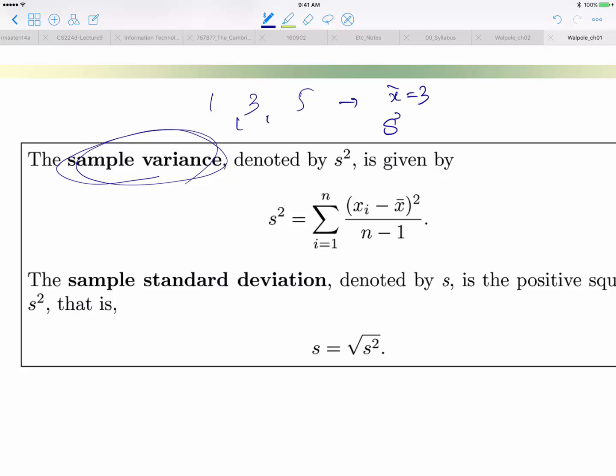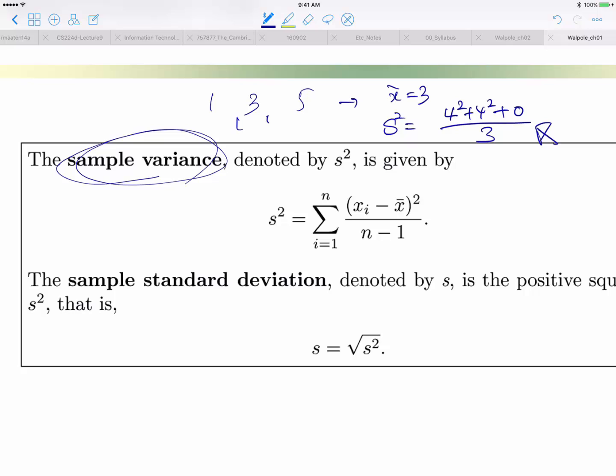And then what is the variance? It's 4 squared and 0 and this, right? So this is our sample variance. Is it right? Yeah, this is what we computed until high school, right?